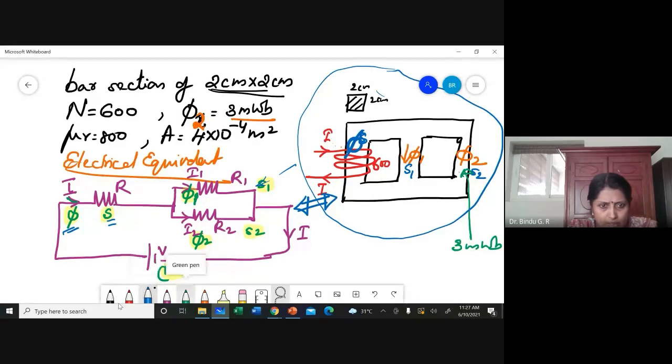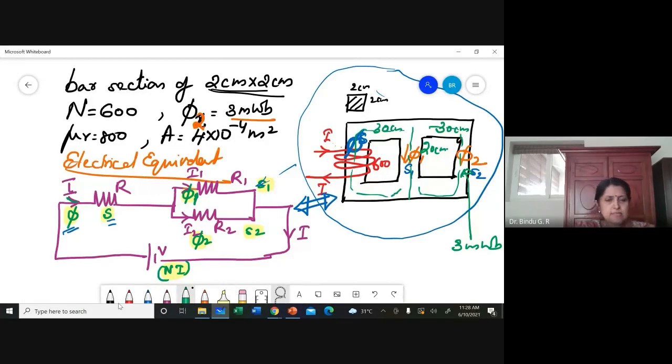Let me draw the dimensions also. They have said that this total length is 30 centimeter. This total length is also 30 centimeter. This length is 20 centimeters. Okay.